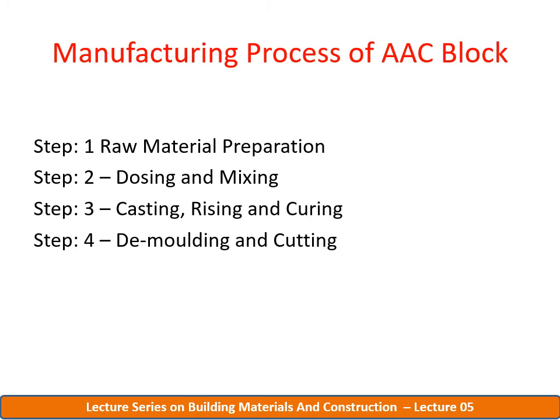Ordinary Portland cement is easily available in the local market, a major reason for using it in autoclave aerated block manufacturing. Next is the gypsum. It is an industrial byproduct of fertilizer plants and also an easily available material. Gypsum provides long-term strength to the block.